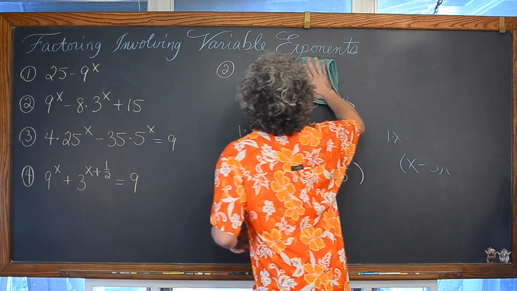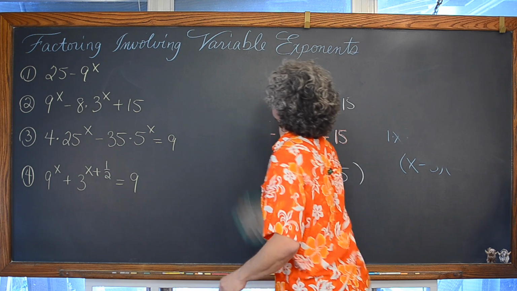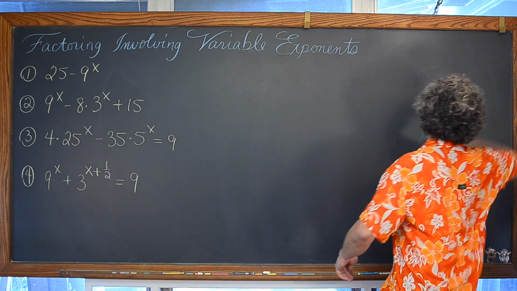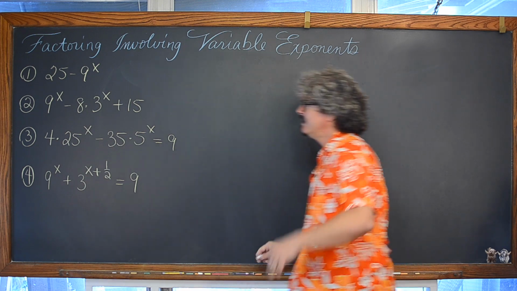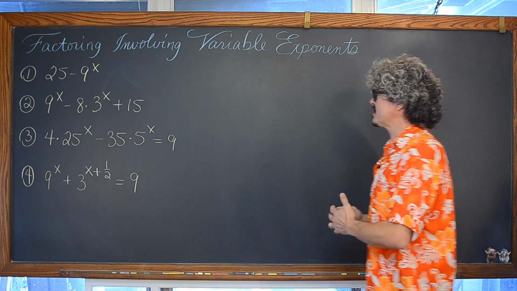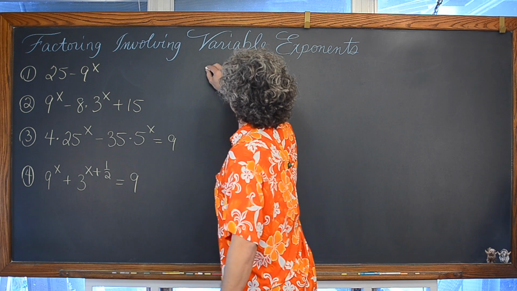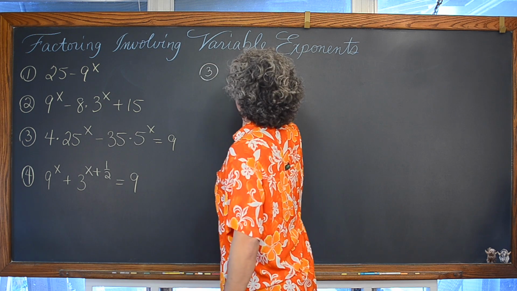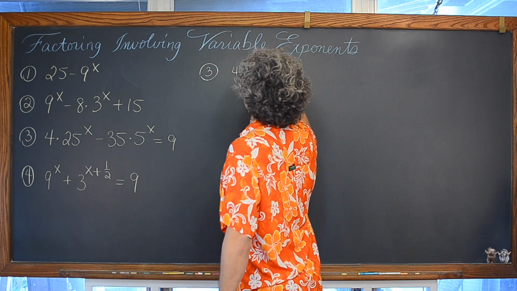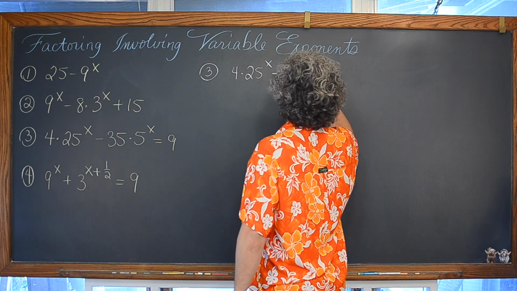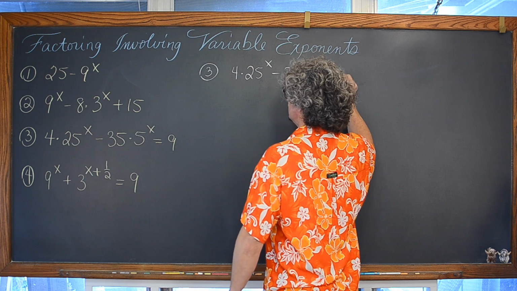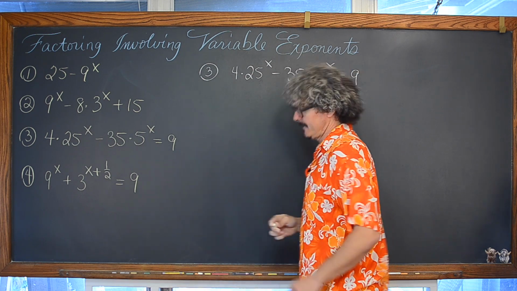Now, for number 3, we have one step up in difficulty here, each of these getting a little bit harder as we go. We have 4 times 25 raised to the x power minus 35 times 5 to the x power equals 9.